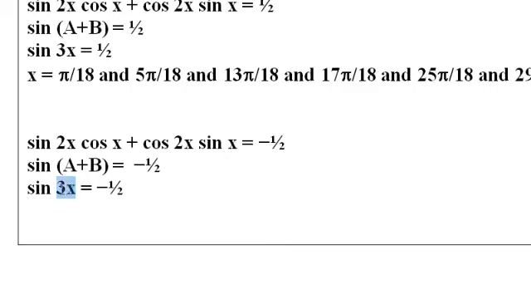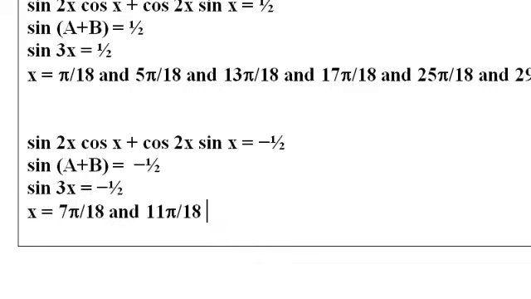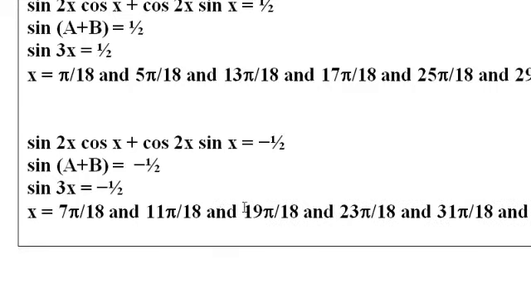And then again, we have to divide by that 3 here, and we come up with 7 pi over 18 and 11 pi over 18 for solutions. And then again, we can keep going, 360 degrees up, 720 degrees up, because of that 3 that gives us more solutions. So these are the others.